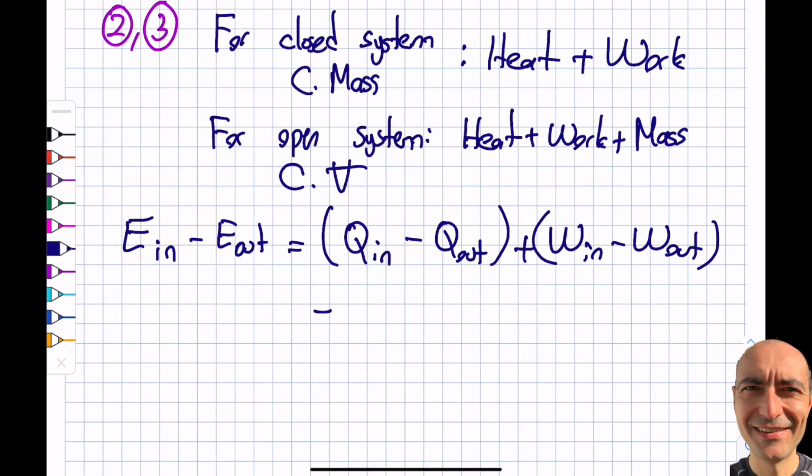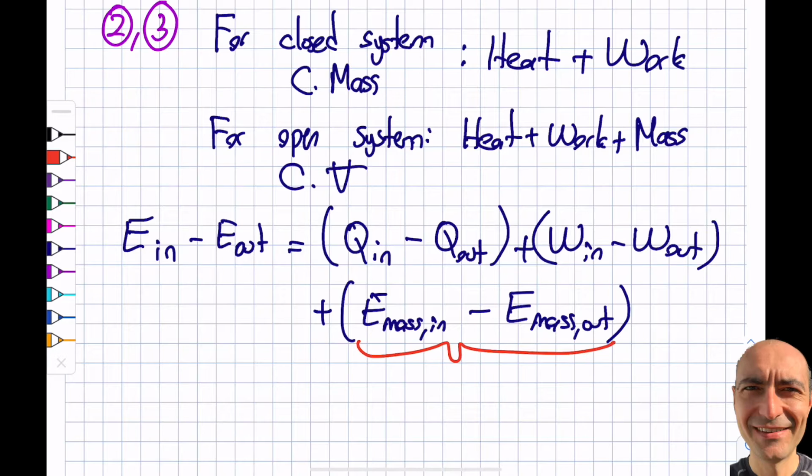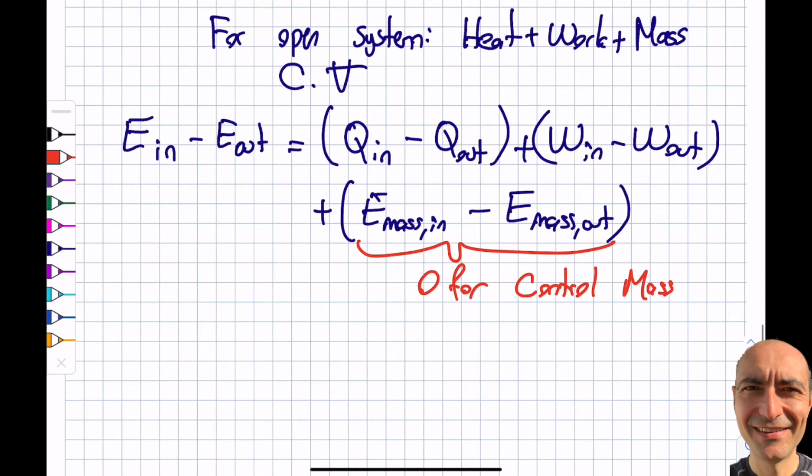Let's write the most general one: plus E mass in minus E mass out. And let's put a note over here: this particular term is 0 for control mass, because there's no mass transfer, so it cannot carry its energy out of or into the system.